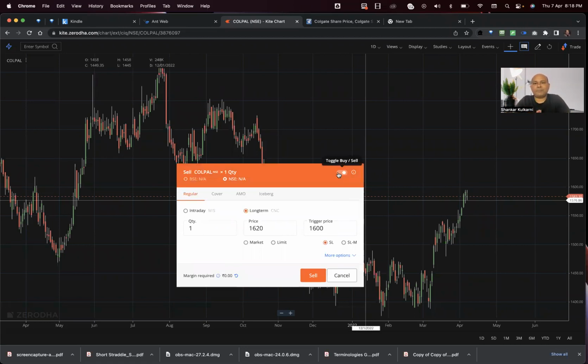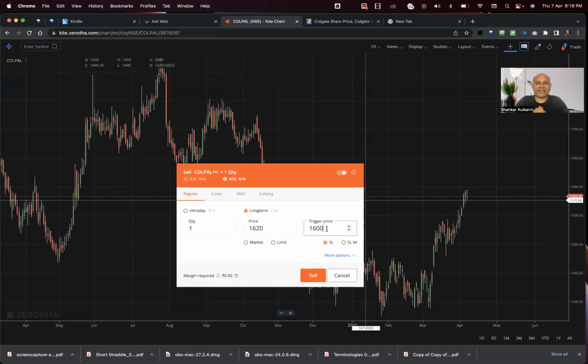You want to now exit at some stop loss. You don't want to take more than 100 rupees of risk in this trade per stock, let's assume. Again, the same use case, choose SL. Now the market is coming down, and your trigger price is 1600. Where will you keep your price when you are choosing SL? What band will you give? Will you give 1620 or 1580 when you are selling?